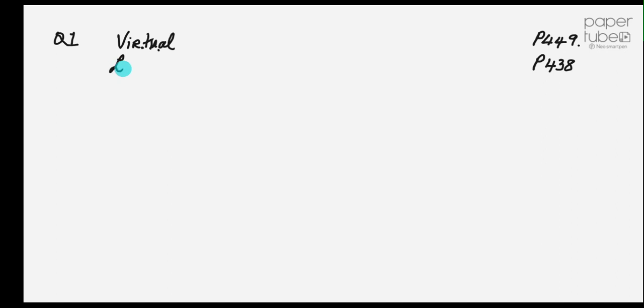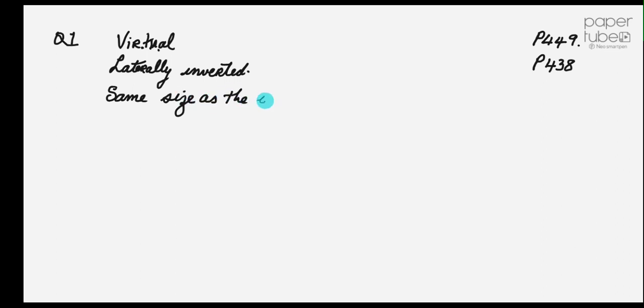It's laterally inverted. That means left becomes right and right becomes left. It's the same size as the object. Now we're talking about a plane mirror here, we're not talking about a curved mirror.